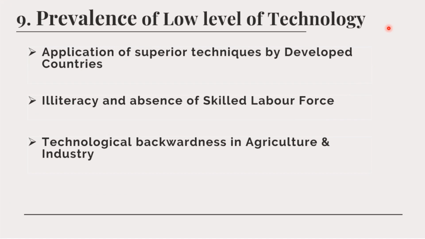Technically, the Indian economy is considered backward as far as technological development is concerned in the agricultural and industrial sector. Another important factor for this technological backwardness is illiteracy of the people and absence of a skilled labor force in our economy.